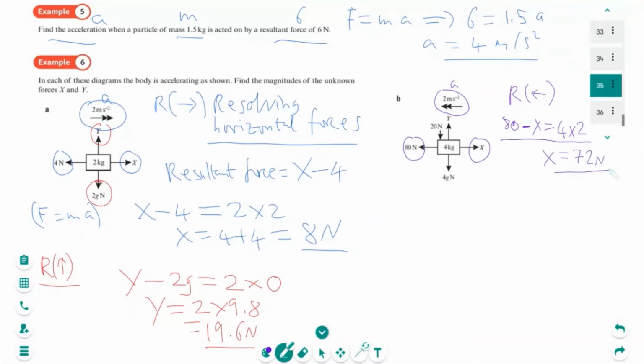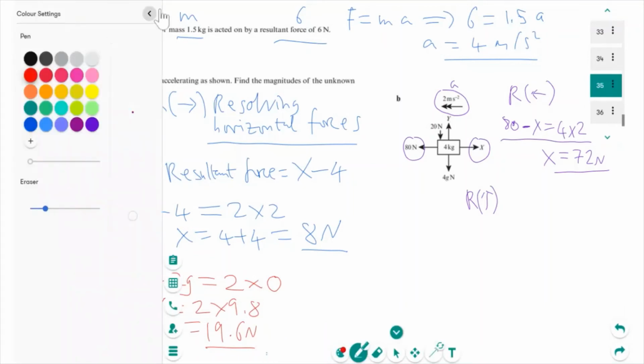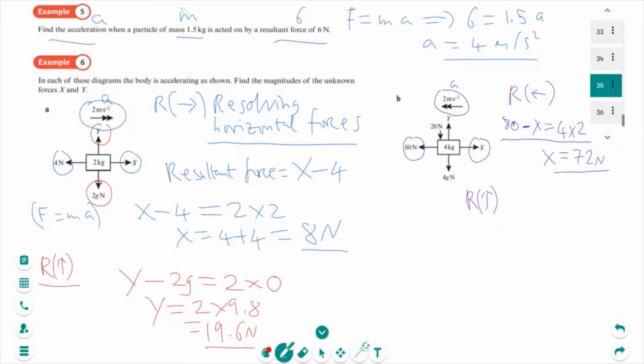And then the other unknown: to find y, you've got to think about the vertical forces. So you're going to do F equals ma on the vertical forces. On the vertical forces, you seem to have three things going on. You've got a force going downwards, 4g newtons, and another force, 20 newtons, which is also going downwards.